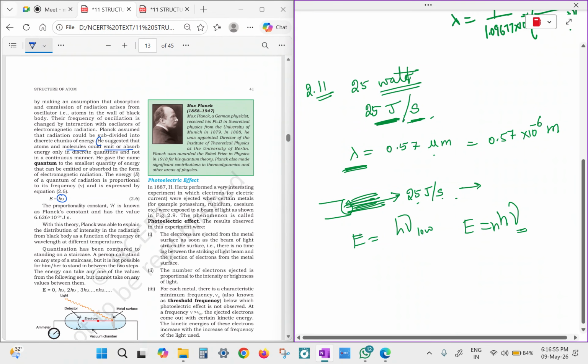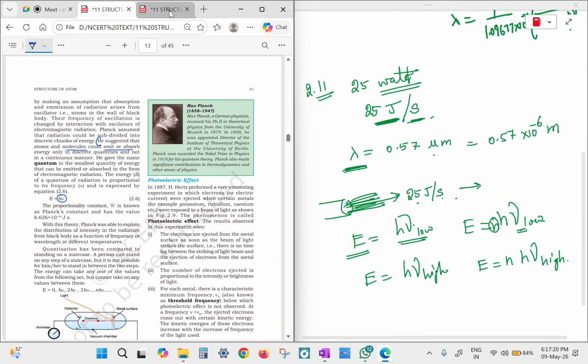I can take a photon of low frequency, so low energy, or a photon of high frequency, so high energy, or I can keep the frequency the same and take more number of such photons, or take more number of photons of higher frequency. Are we clear?